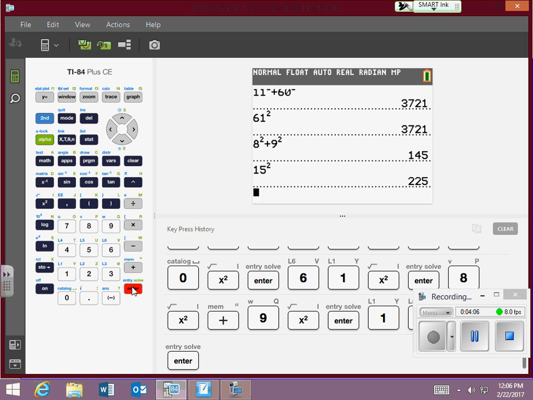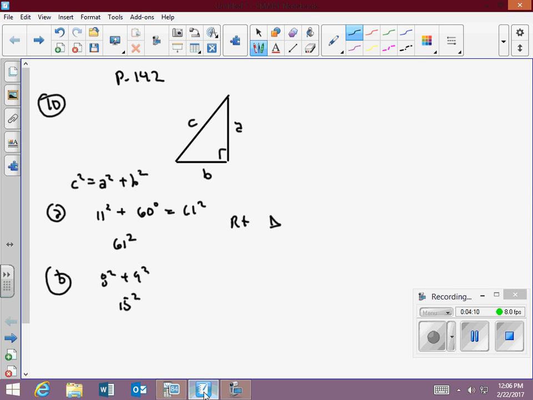And you notice they're not equal. So this is not equal to that, and it's not a right triangle.